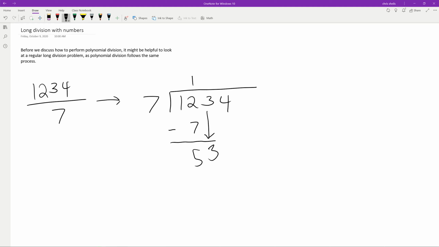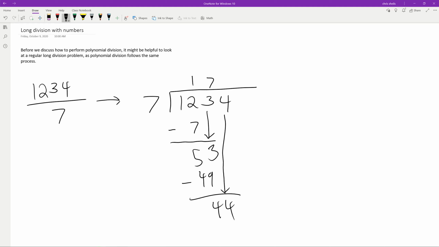How many times does 7 go into 53? Well, 7 goes into 53 7 times. 7 times 7 is 49. 53 minus 49 is 4. I bring this next number down.